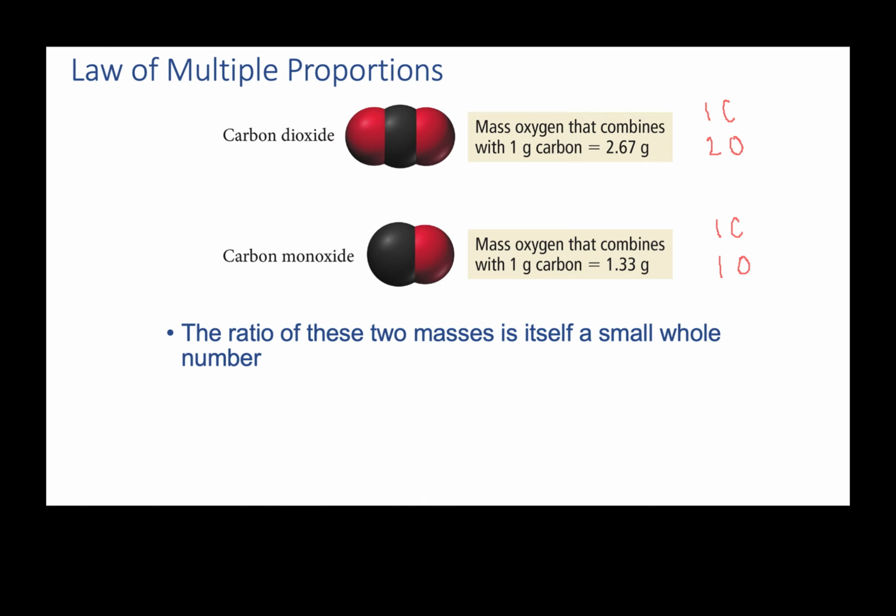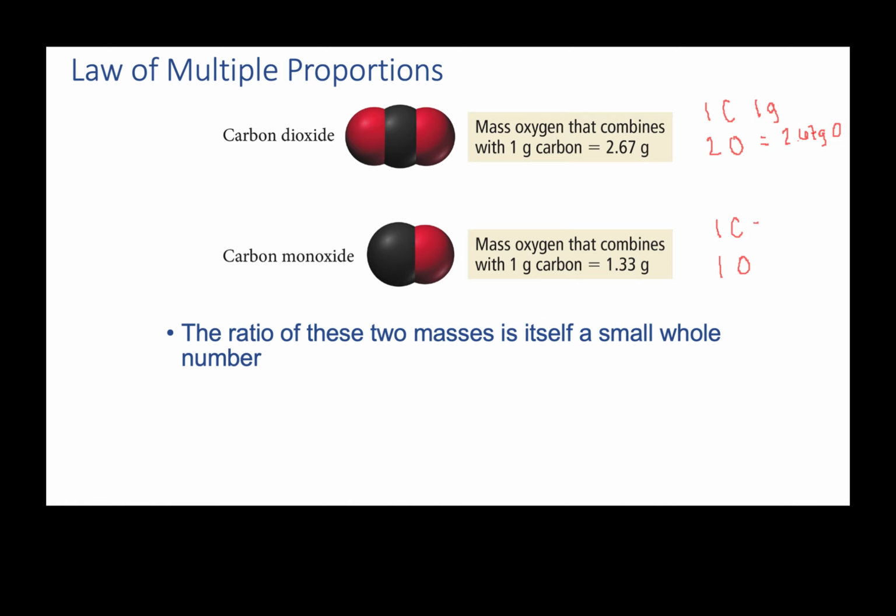So if we look at those ratios, the mass of oxygen that combines with 1 gram of carbon is going to result in 2.67 grams of oxygen. That's just something that can be calculated once we learn how to figure out the masses of individual atoms, which is one of our upcoming lessons.